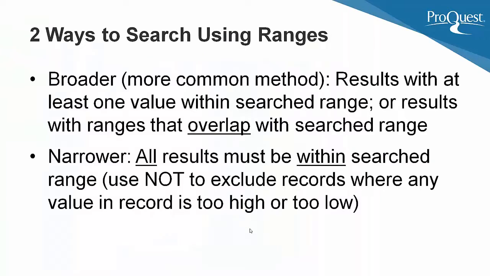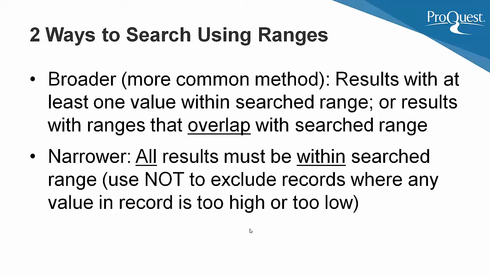Before we do that, I wanted to just point out that, as we will see here, there are 2 ways basically that these searches can be done in searching for a range. With one of them, your results may, as it turns out, include records where the quantity being discussed falls completely within the range that you're searching on, but some of the other results may talk about ranges that overlap with the range that you're searching on.